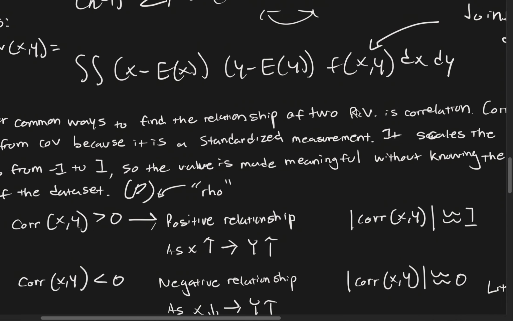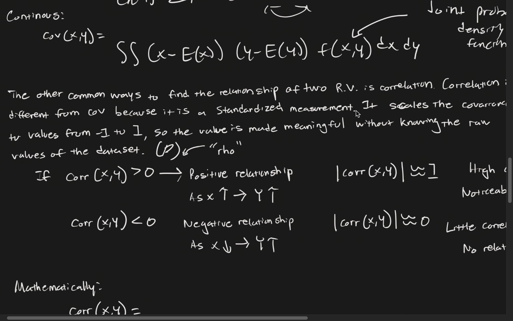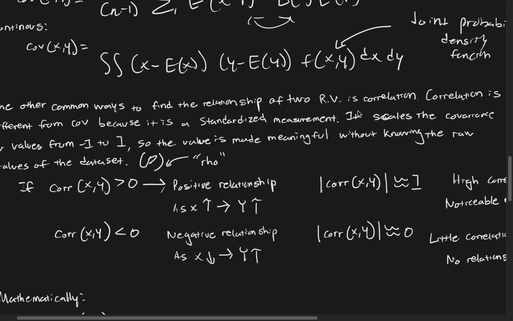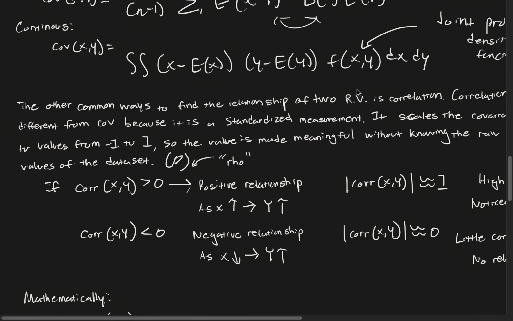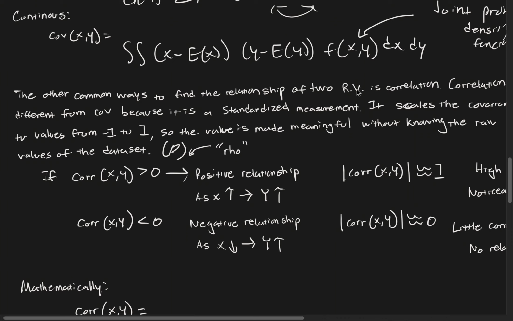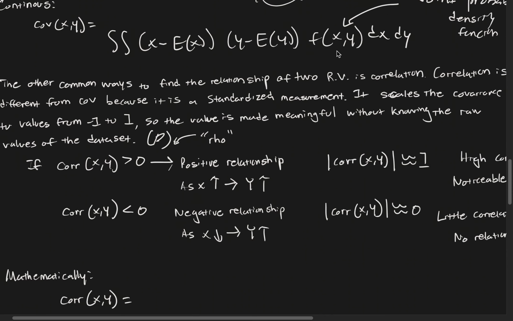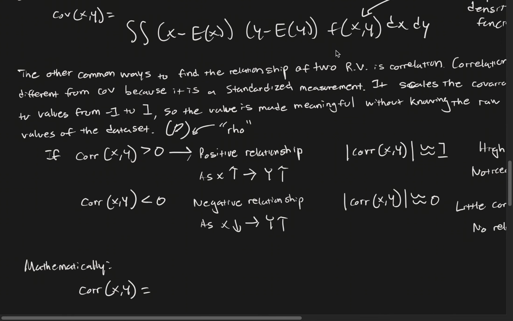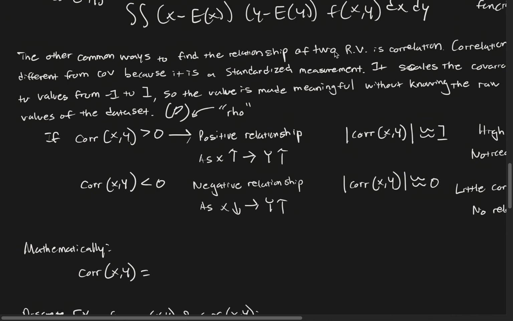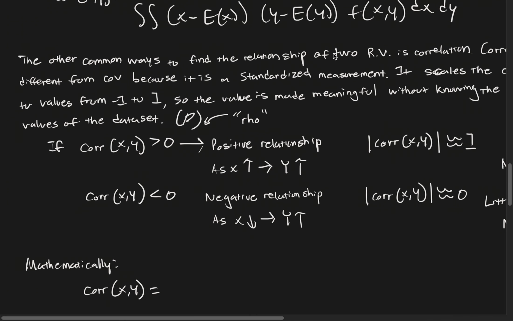This is because the correlation is a standardized measurement. It scales the covariance to values between -1 and 1. So the value of the correlation will always be from -1 to 1, and this value is made meaningful. Again, you don't have to necessarily know the values of the data set to know the relationship between, in this case, x and y.